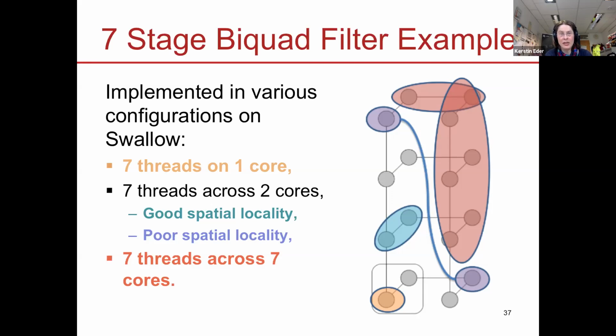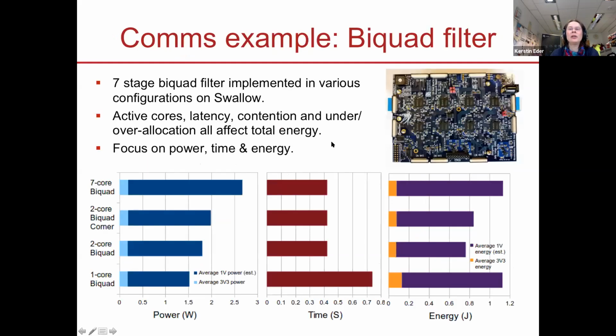These are just some configurations that I could choose to consider. So what can we see? We've got that implemented in the different configurations. We've got consideration for power, time, and energy, which we've got graphs for at the bottom, and the different configurations listed on the left-hand side of the slide.